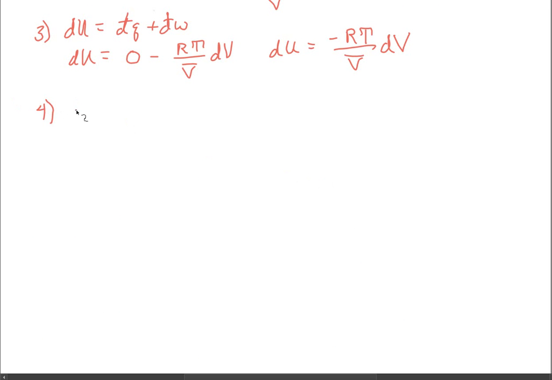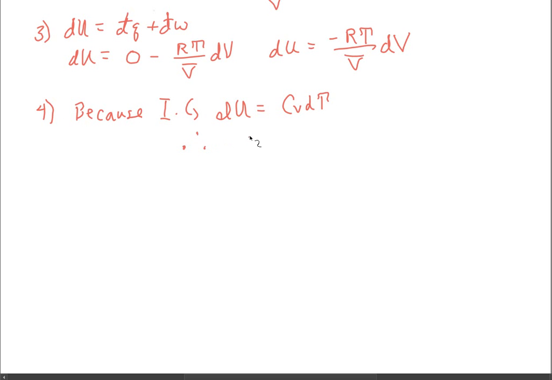Because it's an ideal gas, let's just write this out. Because we're using an ideal gas, dU is also equal to CV dT.